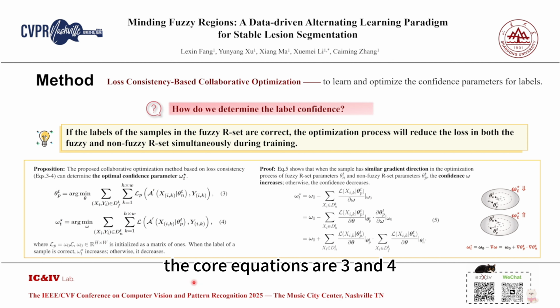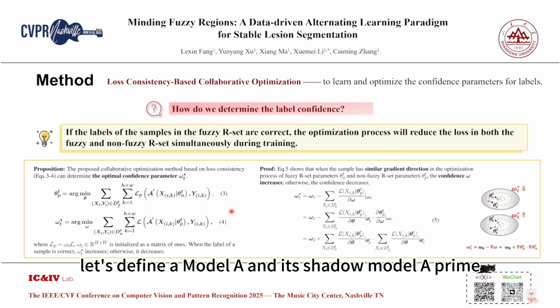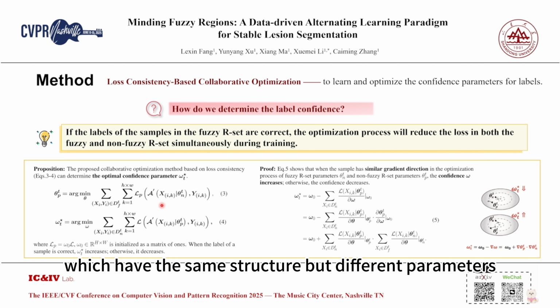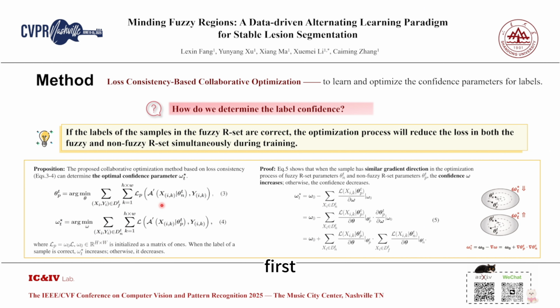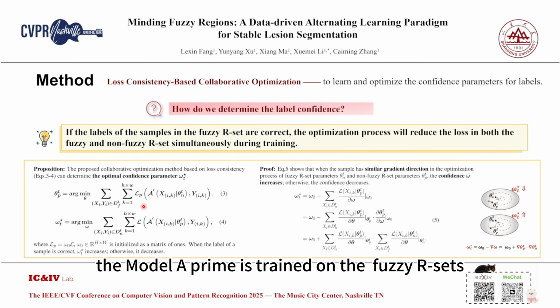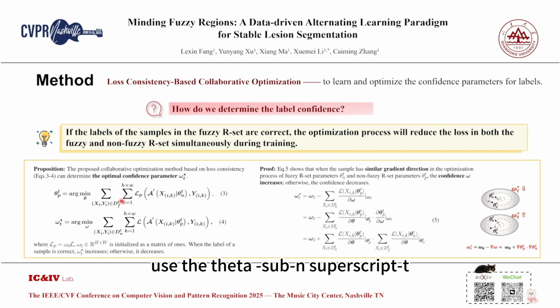The core equations are 3 and 4. Let's define model A and its shadow model A prime, which have the same structure but different parameters. First, the model A prime is trained on the fuzzy set, using the theta_n^t obtained from training on the unfuzzy set.